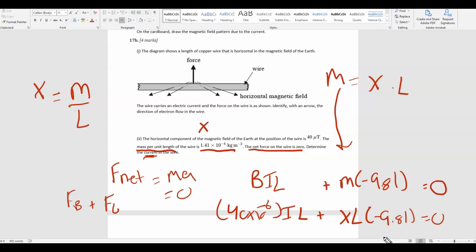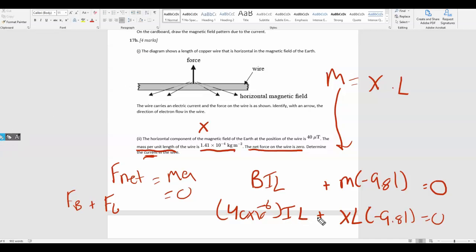You might be saying, well, that still doesn't really help you because you don't have the length. But watch what I can do now. If this seems kind of convoluted, I apologize, but it is what it is. It's an IB problem. That's why it's a 3-mark question.